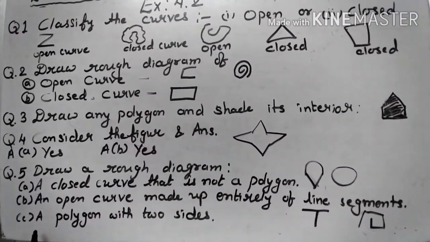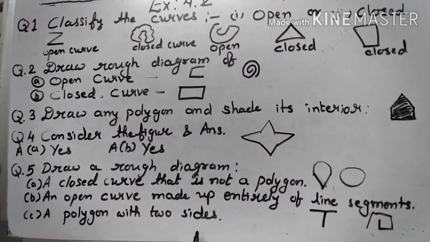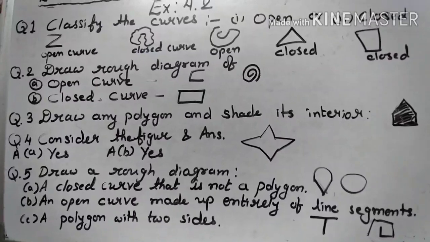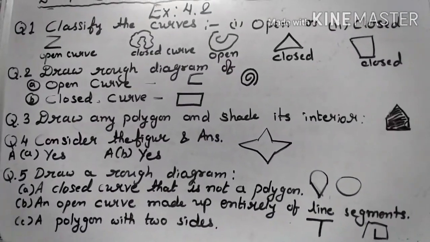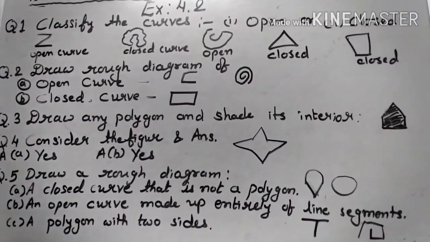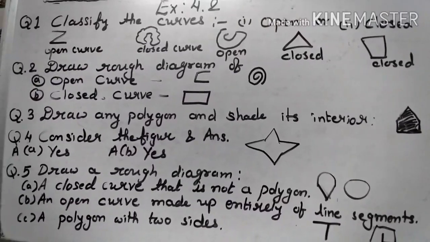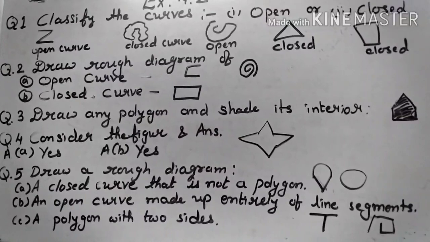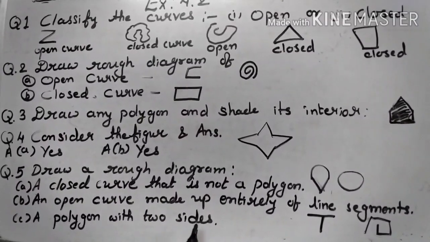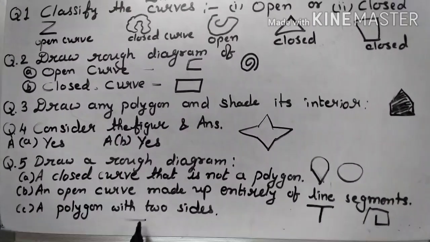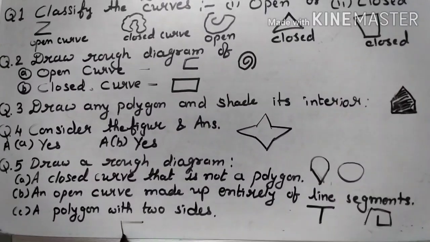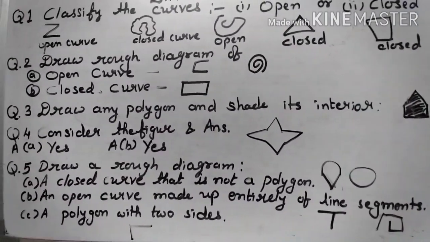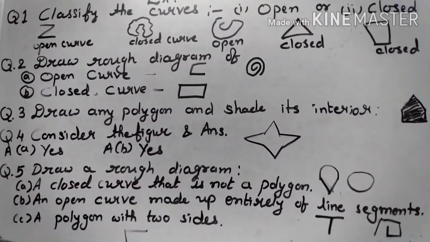Now our next question is a polygon with 2 sides. Students, as I explained, a polygon is a simple closed curve made up of line segments, and we cannot form a closed figure with 2 sides. Suppose this is your 2 sides. Is it a polygon? No, it is not a closed figure.